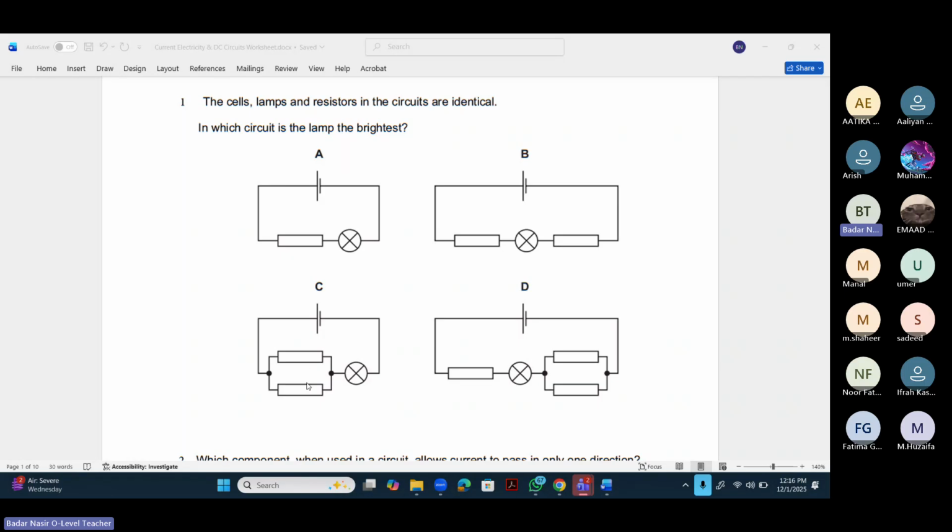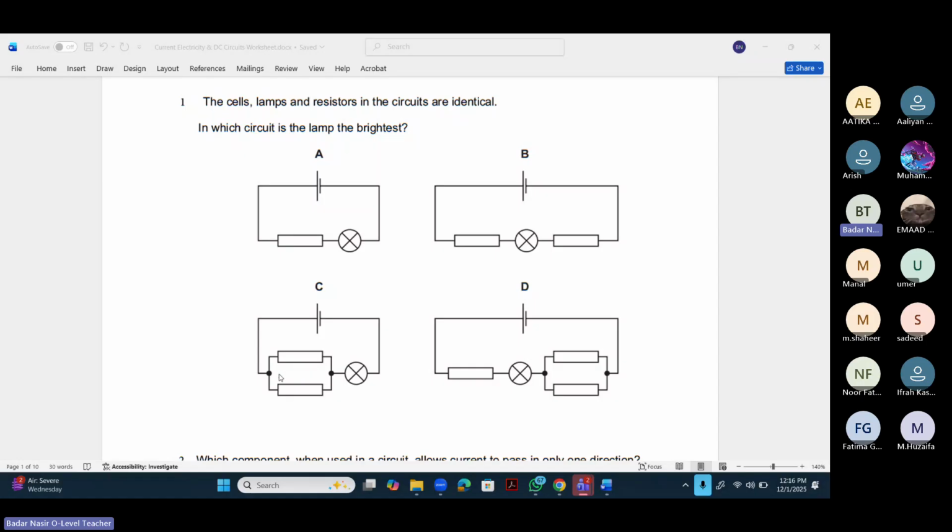In parallel, the overall resistance decreases. So the parallel combination of these two resistors is in series with the filament lamp.